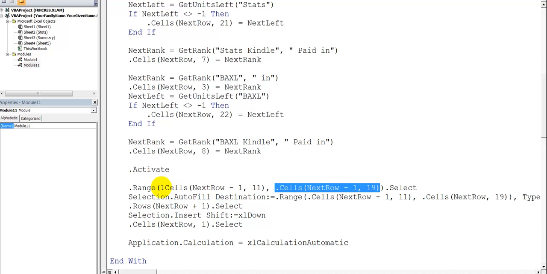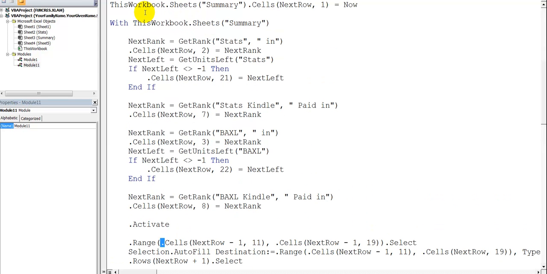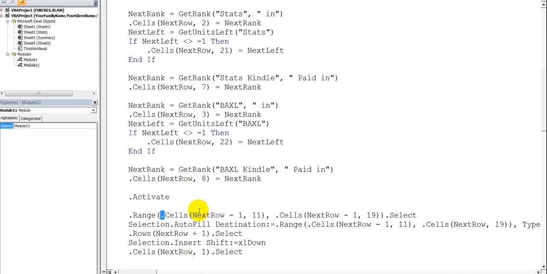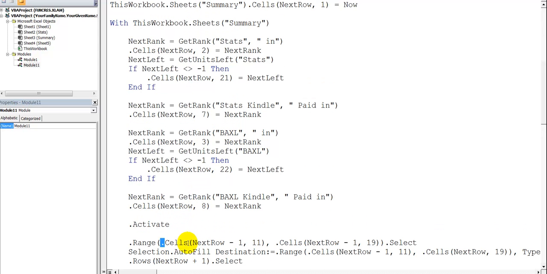Well, here we have the dot. So this is still, I think, this workbook.sheet summary dot cells. So we're in the sheet summary, and then cells where? But we know how this works. This is the cells property. It's the collection of all the cells in the worksheet.